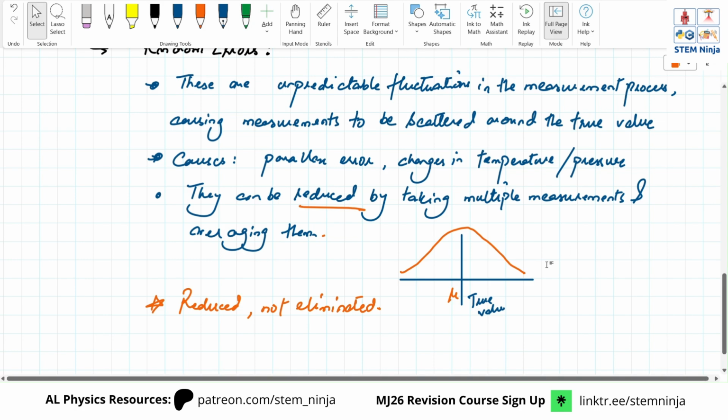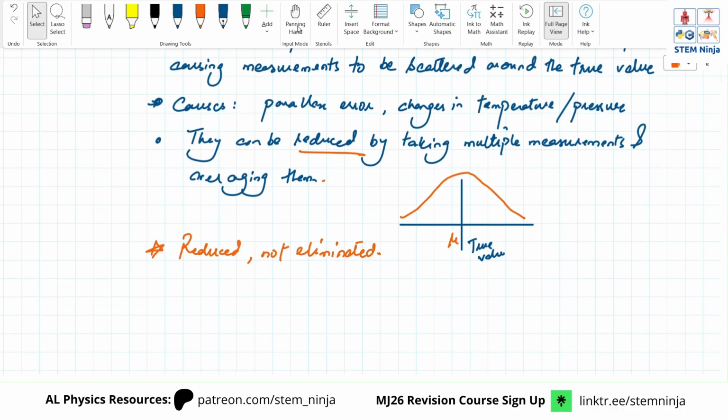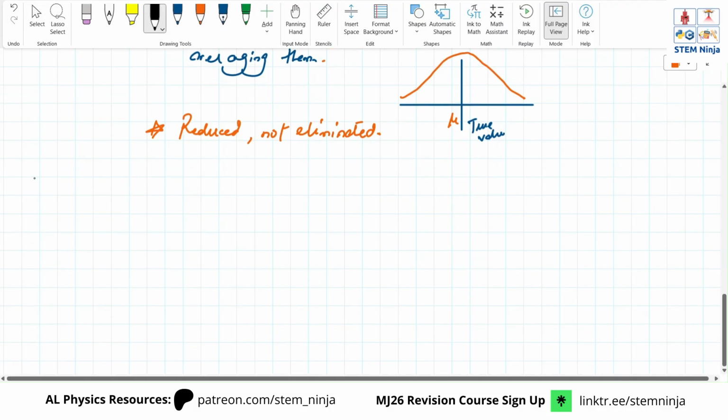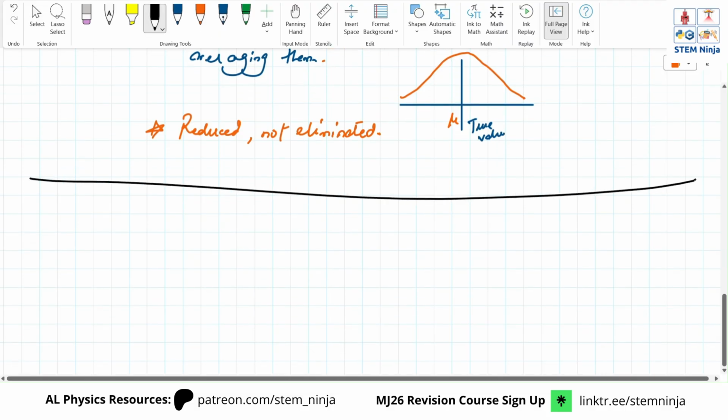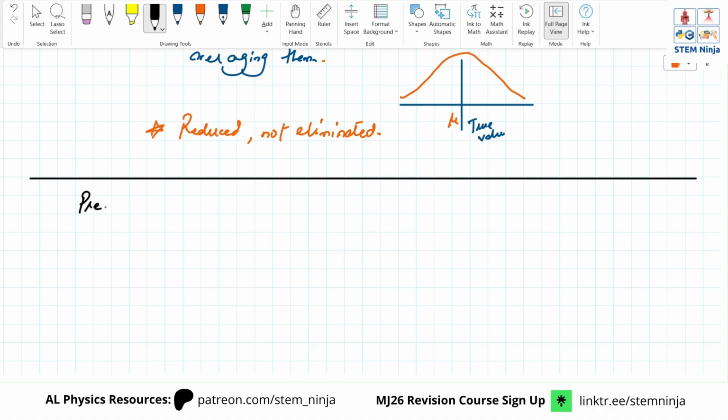Now, another concept related to both of them is precision and accuracy.